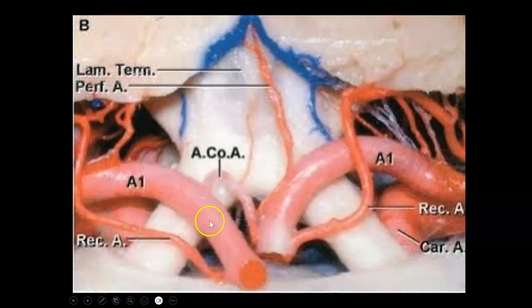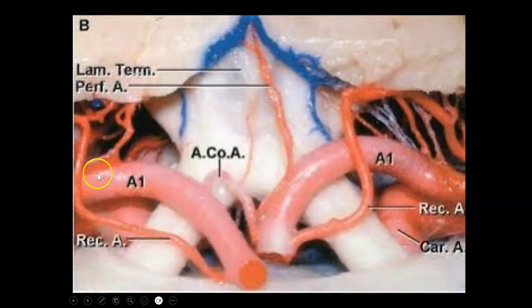This is a view from above, and here is anterior. Here are the optic nerves, optic chiasm, anterior cerebral above the optic nerves, and we have the recurrent artery of Hubner. Why is it called recurrent?